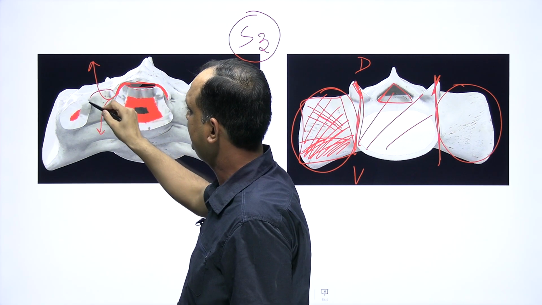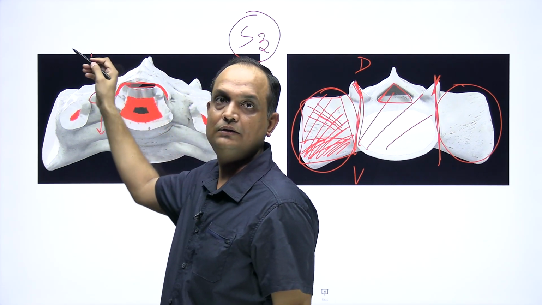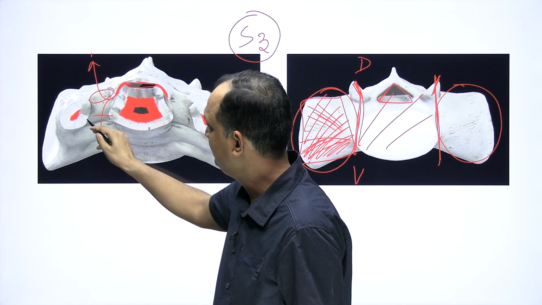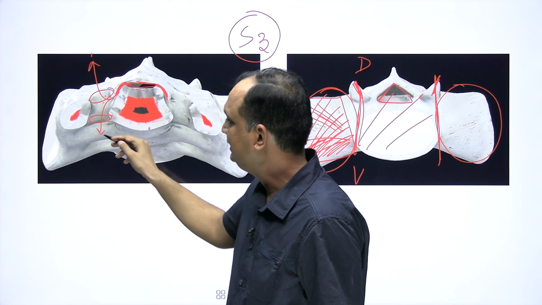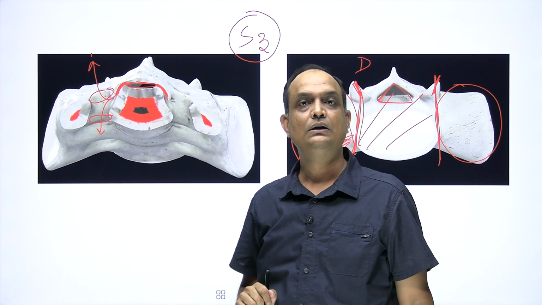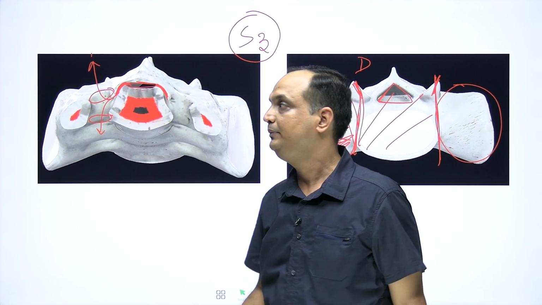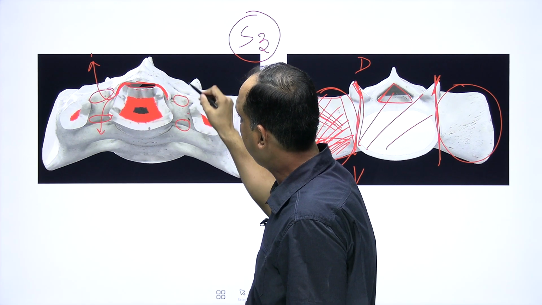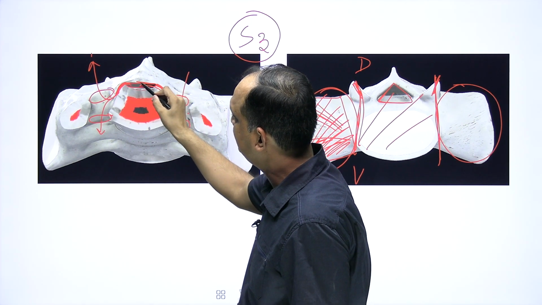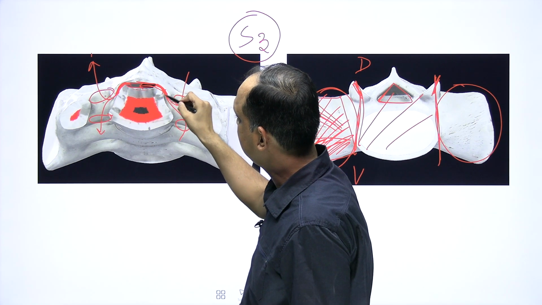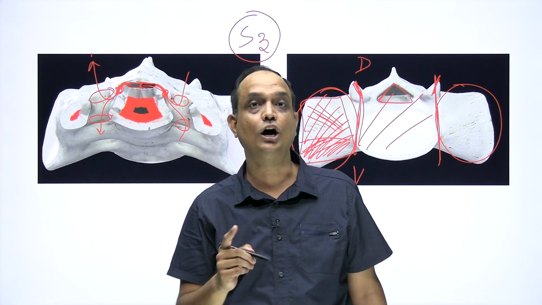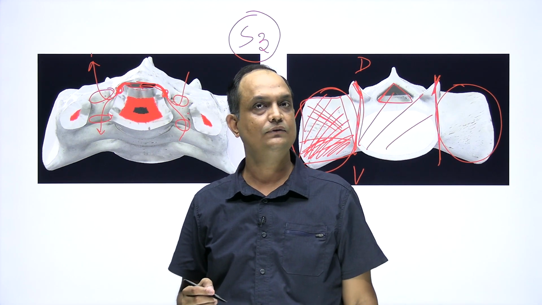These posterior rami go posteriorly and come out through the posterior sacral foramina, and these ventral rami come anteriorly and come out through the ventral sacral foramina. That means these foramina are ultimately communicating with the sacral canal through the intervertebral foramina, and the intervertebral foramina are not visible on the outer surface.